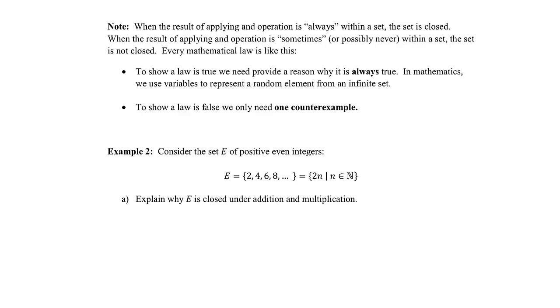But before we do that, let's make sure we really understand this word always. Always within the set. When we apply the operation, we always want to land within the set. We don't want that 1 divided by 0 problem bringing us outside of the realm of numbers. And something that's not defined within our set is no good.